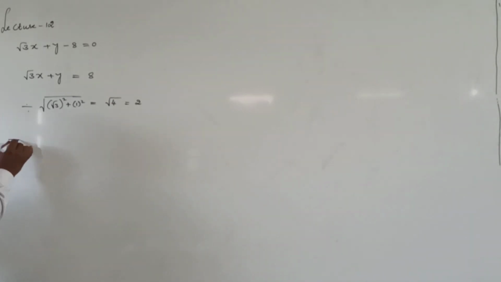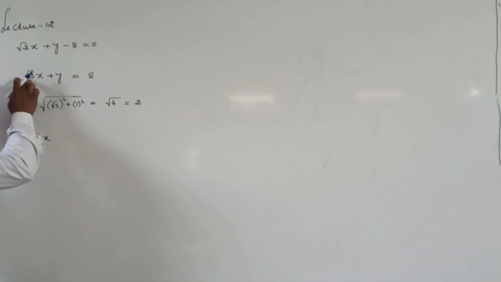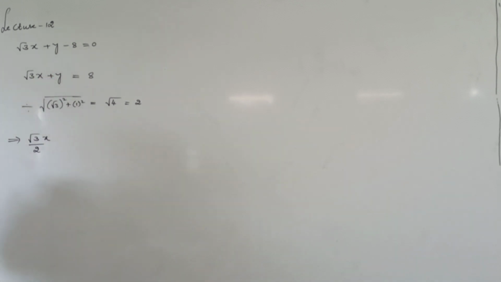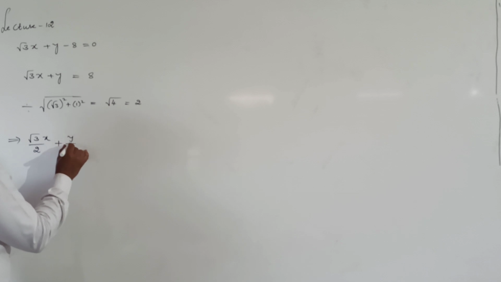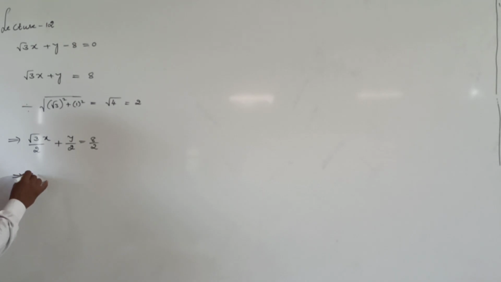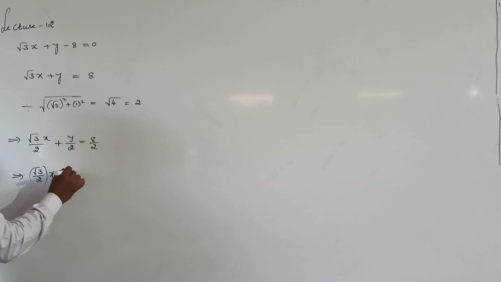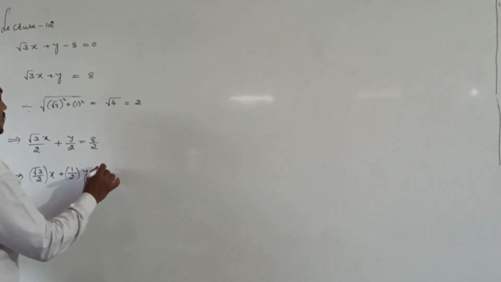After that, the given equation becomes root 3x divided by 2, plus y divided by 2 is equal to 8 divided by 2. That is root 3 by 2 into x plus 1 by 2 into y is equal to 4.